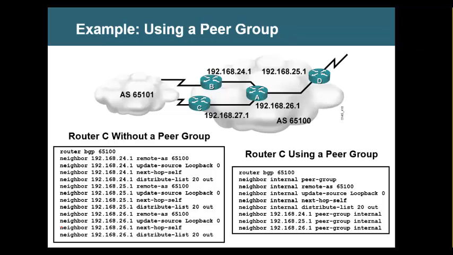It's our desire, our policy. 65101 is not our autonomous system. When it is not our autonomous system, whatever they give us, it is not necessary for us to just distribute blindly. We can have our own policy saying, this is what I will distribute to my inside router. Other things I will filter out, I'll suppress.